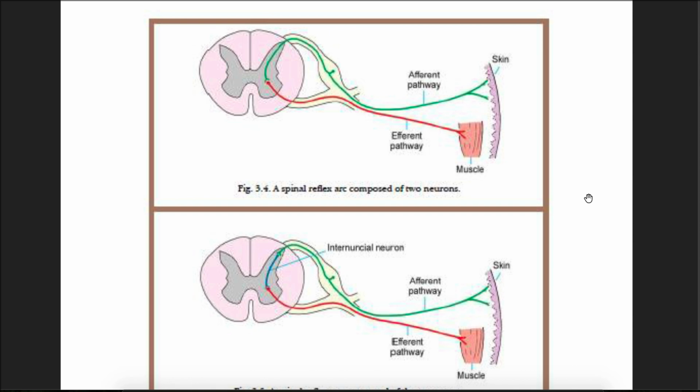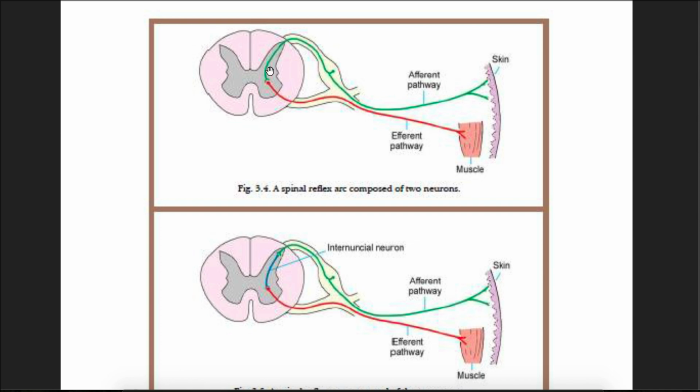This is actually a very simplified diagram of how information is going to be coming in and going out. For example, some kind of sensation coming in from the skin. This is the sensory nerve through which it will enter. This is the dorsal root ganglion where it will relay, and then its processes or nerve fibers will enter the posterior horn.